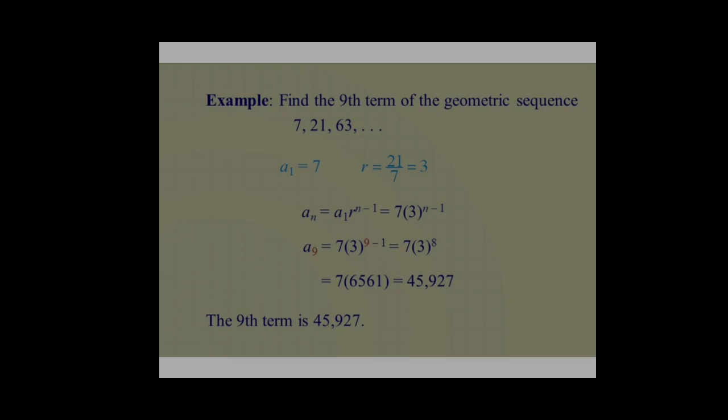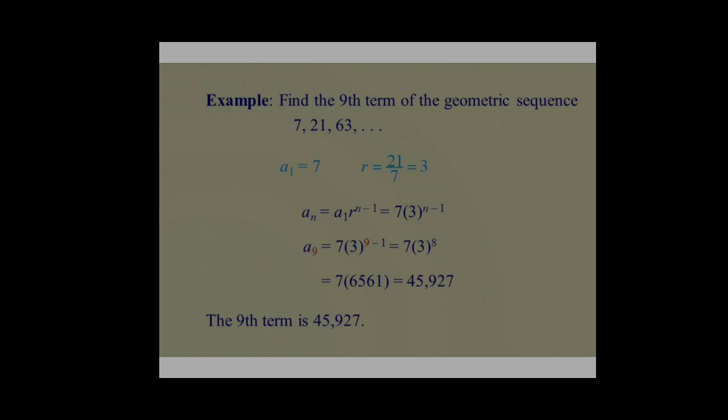Find the ninth term of the geometric sequence 7, 21, 63. First, a sub 1 is 7, and let's find the common ratio. 21 over 7, the second term divided by the first term, equals 3, which is the common ratio.